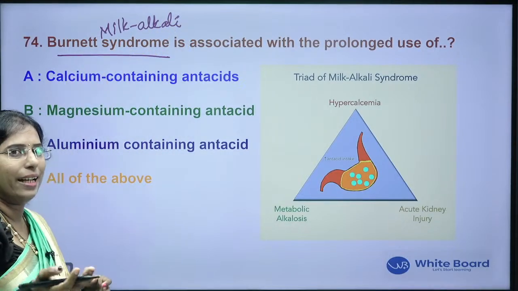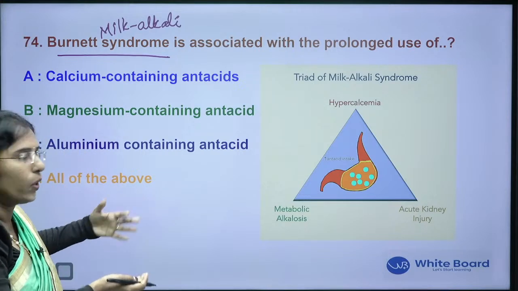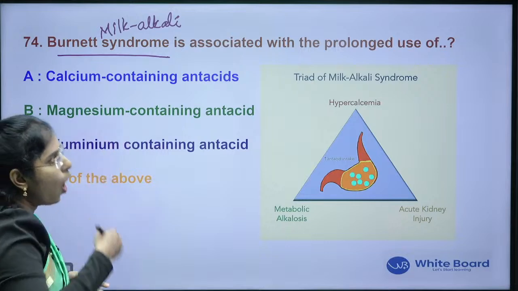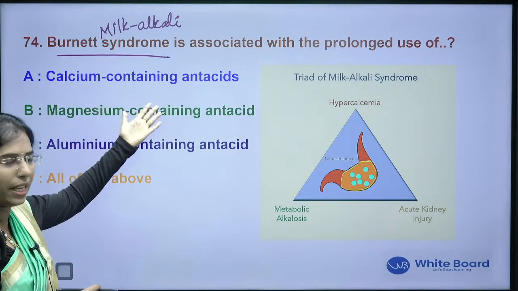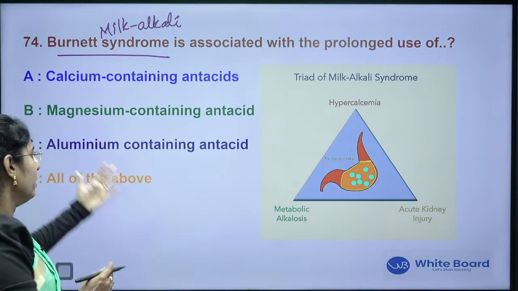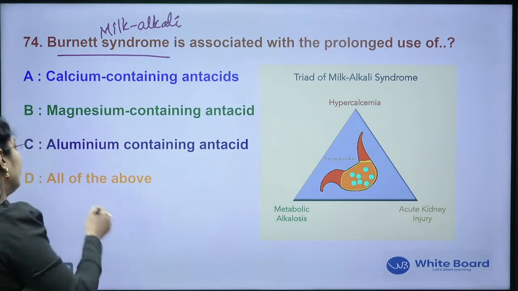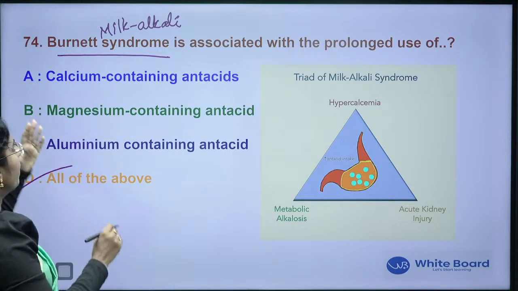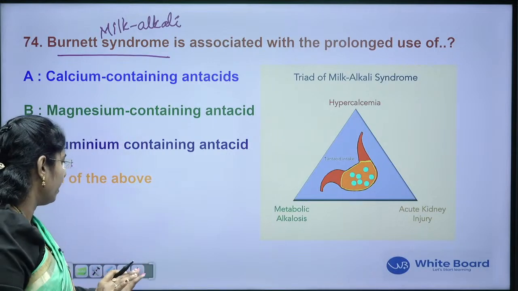Calcium. What are alkalis? Alkalis are nothing but calcium, magnesium, aluminum. Okay. So, upon prolonged use of antacids like calcium-containing antacids, magnesium-containing antacids, aluminum-containing antacids, it leads to this Burnett syndrome or milk alkali syndrome. So, the correct option is D.